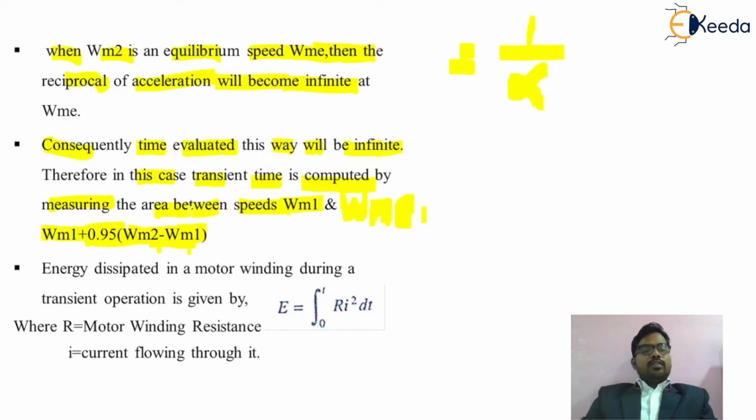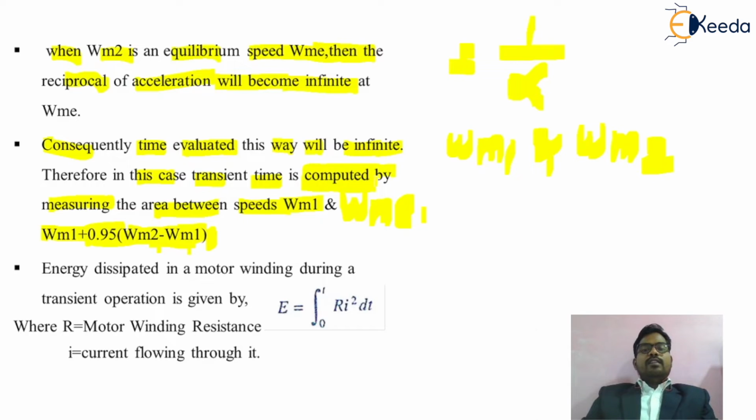So from that equation we are getting the value of the final equilibrium speed of your drive. This is a very important thing, and by the values of omega m1 and omega m2 we can directly get the time required for the transient state operation. Okay, so this will be the first thing.